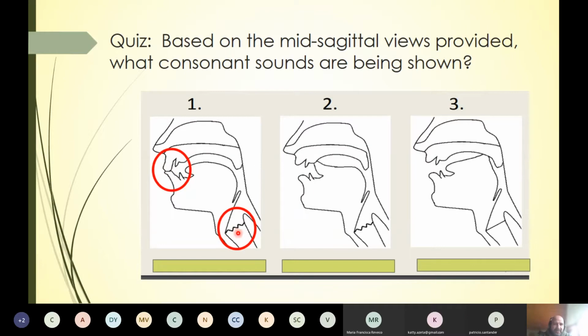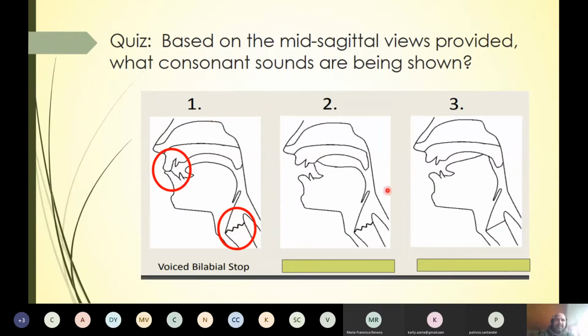So we can take here that the vocal folds are vibrating, so it's voiced. Bilabial because of the closure of the two lips, exactly. Okay. All right. So it's a bilabial. It's voiced, and it could be a stop, right? Because we're stopping the airflow by the two lips touching here. What about number two?